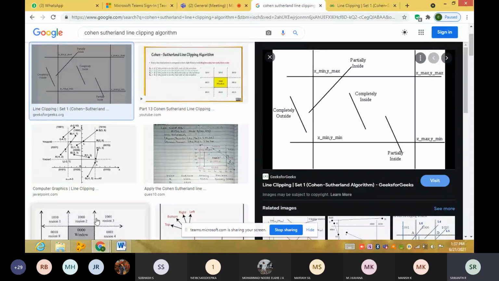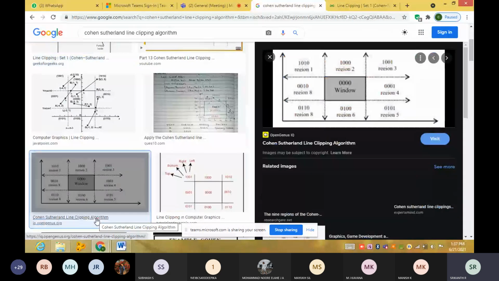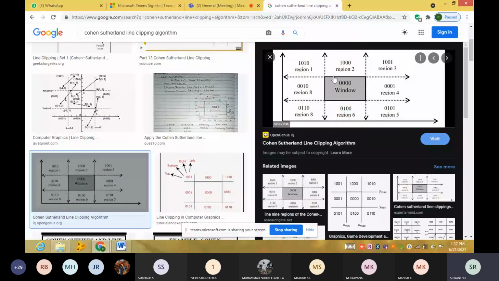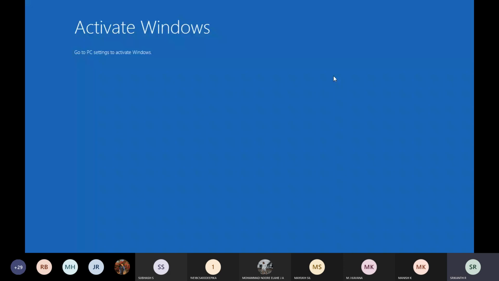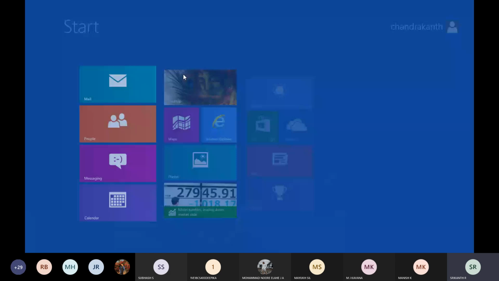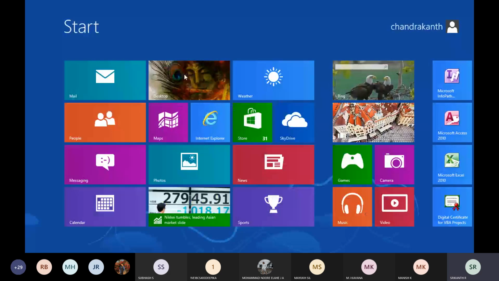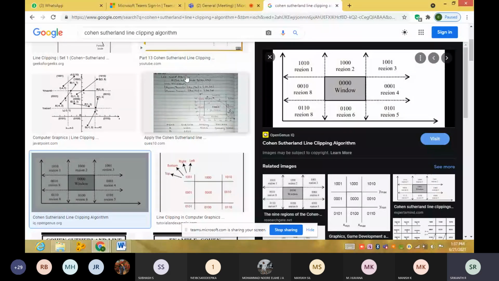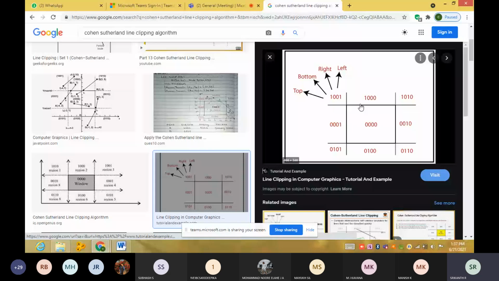Cohen-Sutherland algorithm. What it is going to do is it is going to divide the entire window into 4 parts: left, right, top, bottom.